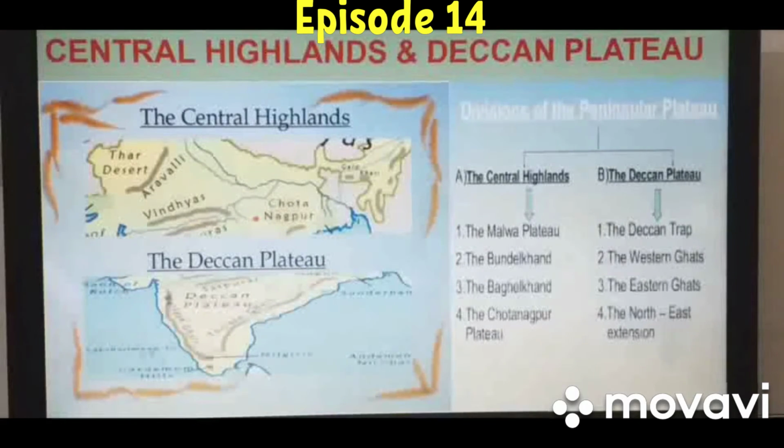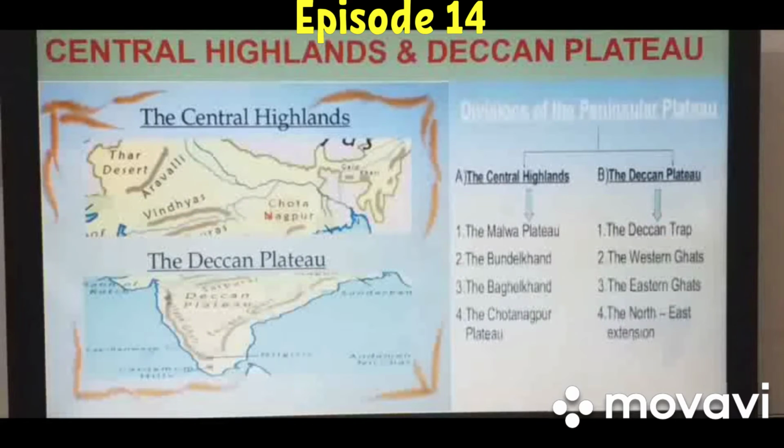Narmada river originates from the Amarkantak hills, flows in an eastward direction, and drains its water into the Arabian Sea. The parallel river, Tapi, also originates from the same central highland, and it also has the direction from east to west.